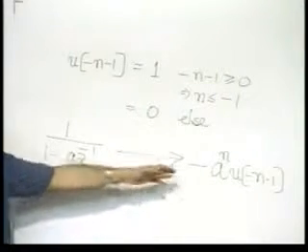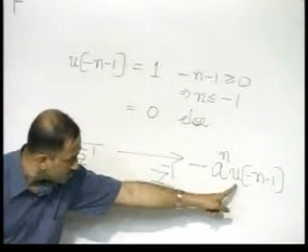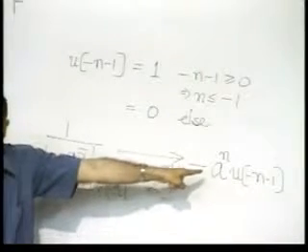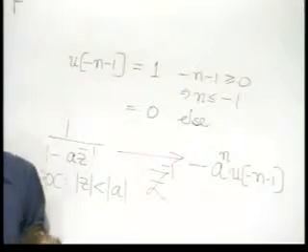Yeah, but you see, in that case, there are two problems. I think the question is, can you express this in terms of a sequence which has u of n minus 1 there, which is non-zero for positive n? Well, not really. You can check.